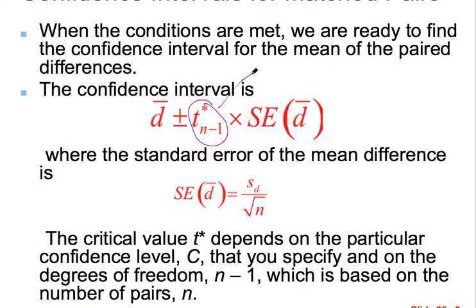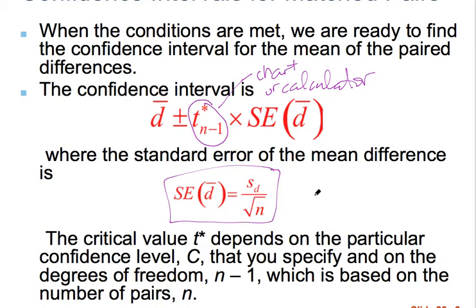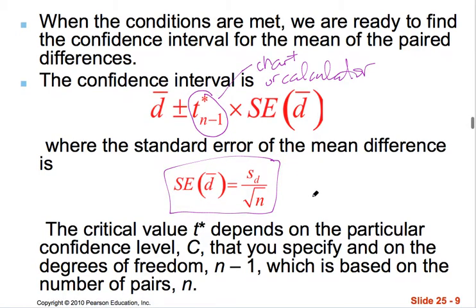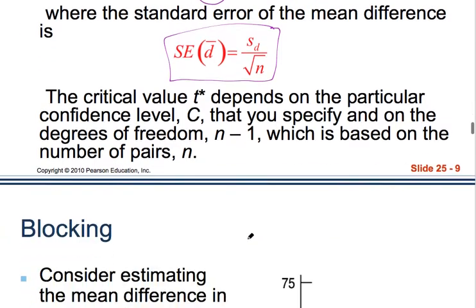So this you're either going to find from the chart or off of your calculator. It's not something that we calculate. And then the standard error of the mean of the differences we've already calculated. It's right here. All these formulas should be written down in your notes. And I just explained this.